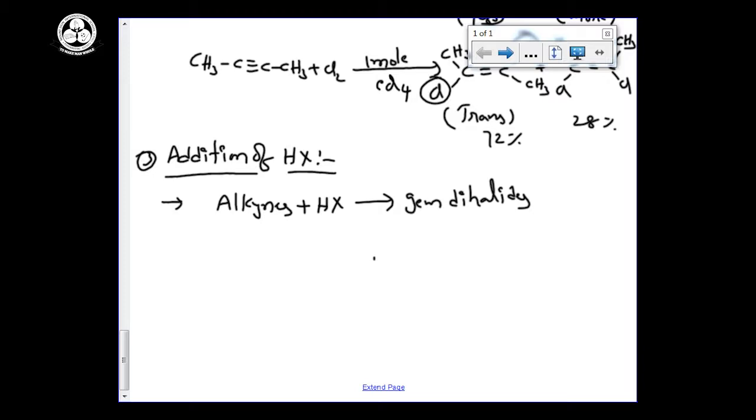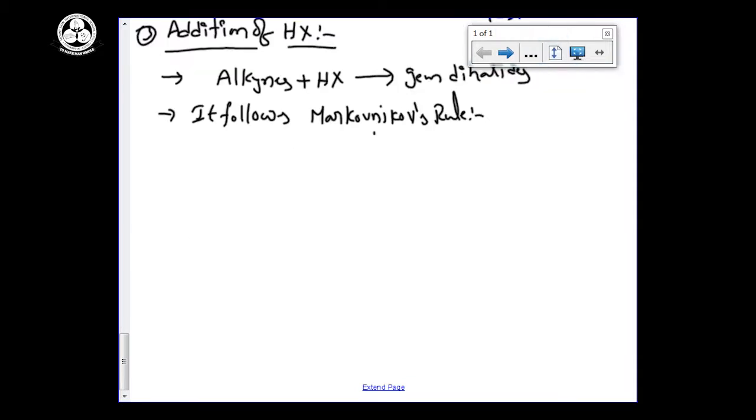Why will the gem dihalides form? Because it follows Markovnikov's rule. What is Markovnikov's rule? I am giving one simple example: R C triple bond CH.